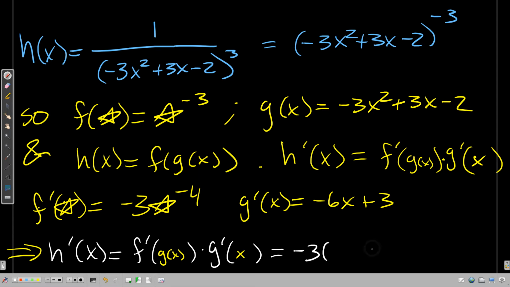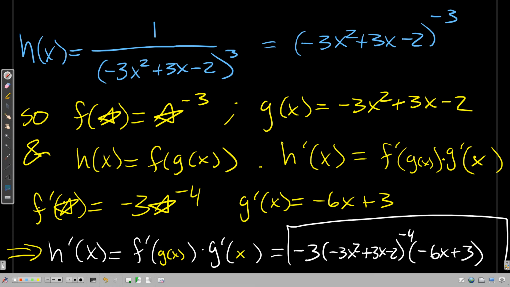So it's a minus 3 times g to the minus 4, and then times minus 6x plus 3. And then what was g? g was minus 3x squared plus 3x minus 2. Now that's our answer, and we'll just leave it like that.